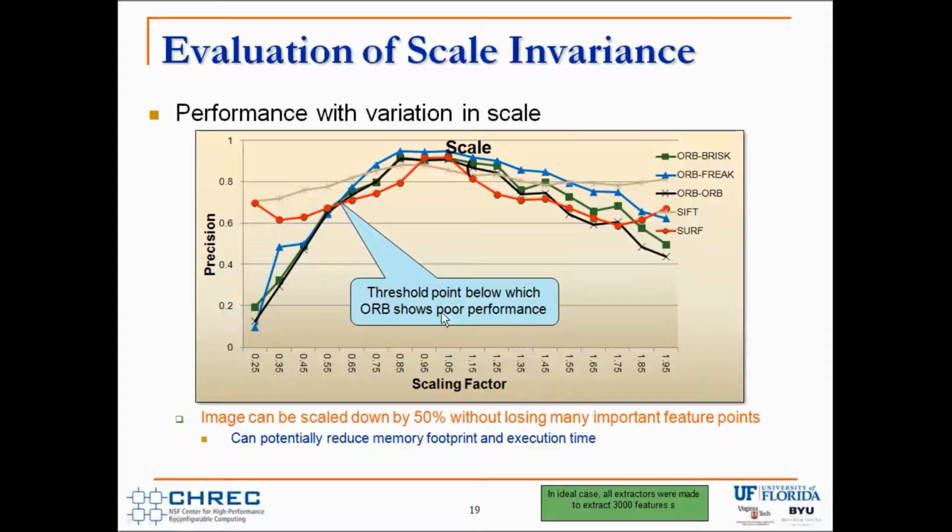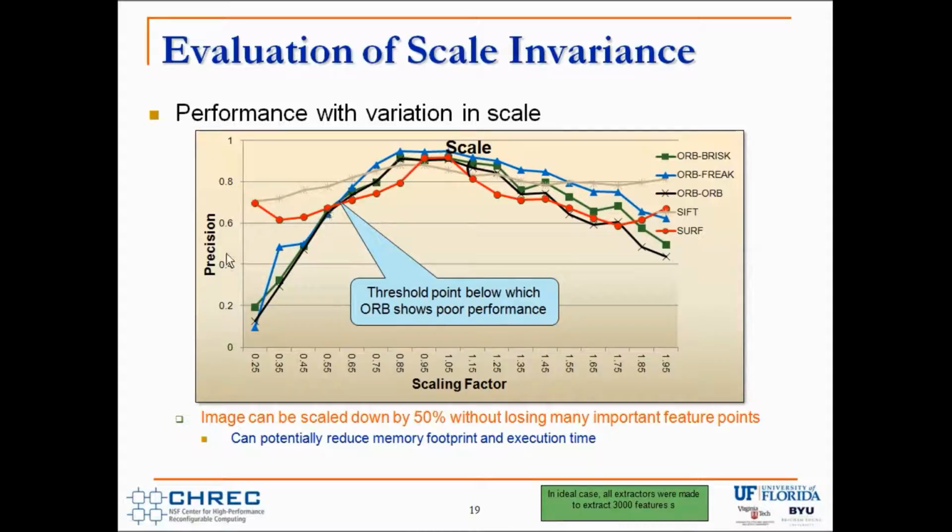It can be seen that at a zoom factor of 1, that is without any change in scale, all the algorithms perform accurate object matching. However, at a zoom factor of 0.5, which is scaled down, SIFT and SURF perform robustly well, as they are scale invariant.